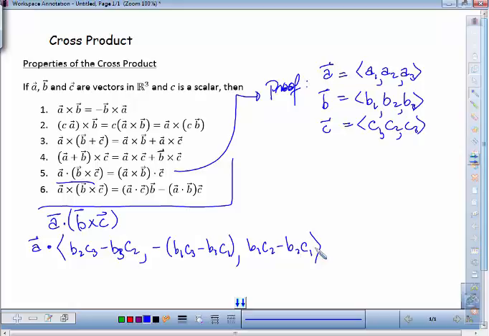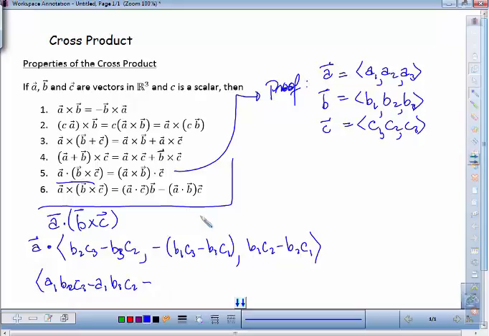And then we can multiply this out. The A is equal to A1, A2, and A3. So let's just multiply this out. A1, B2, C3 minus A1, B3, C2.